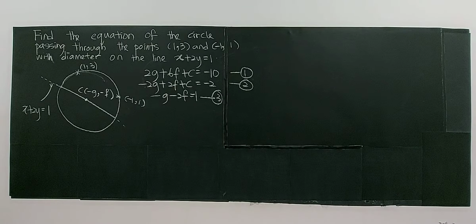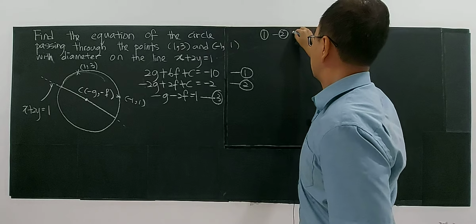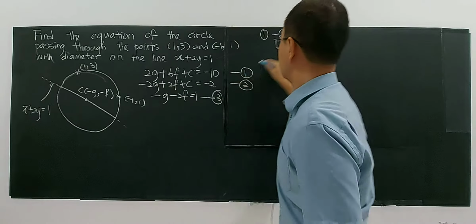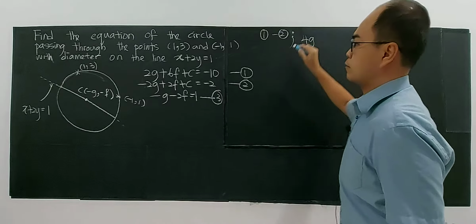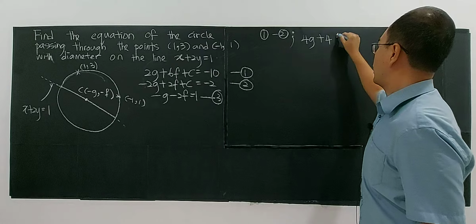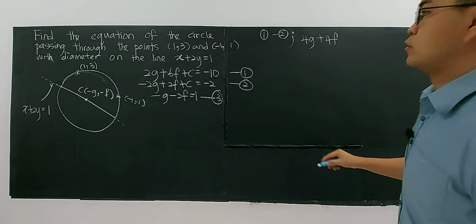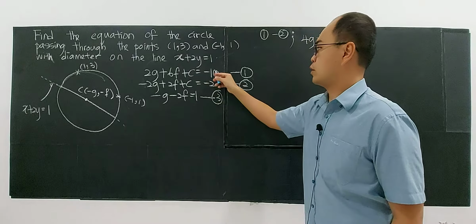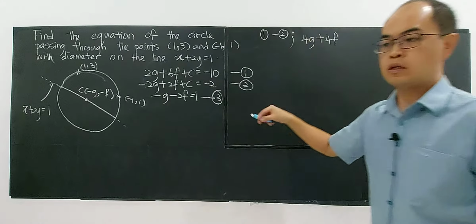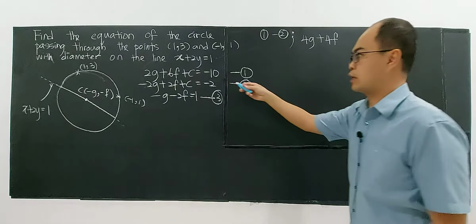So I will use equation 1 subtract equation 2. 2G minus negative 2G gives 4G. 6F minus 2F gives 4F. C minus C is 0. Negative 10 minus negative 2 means plus 2, so negative 8.